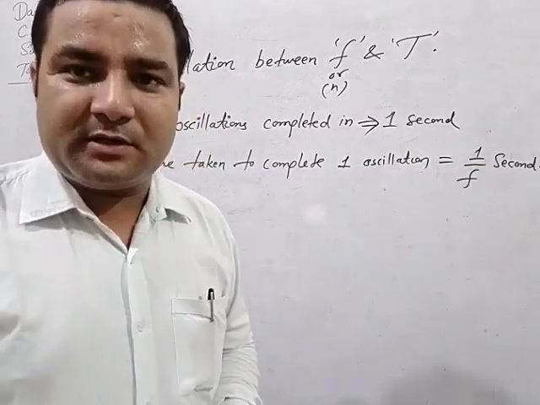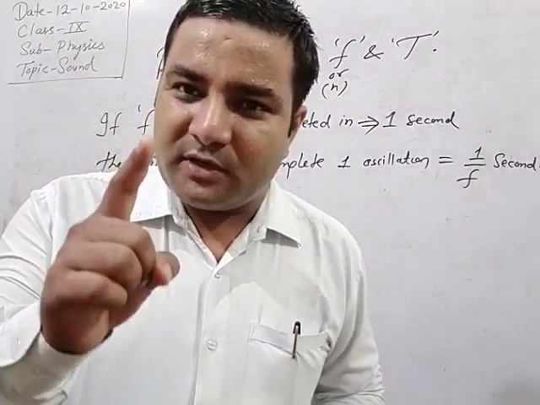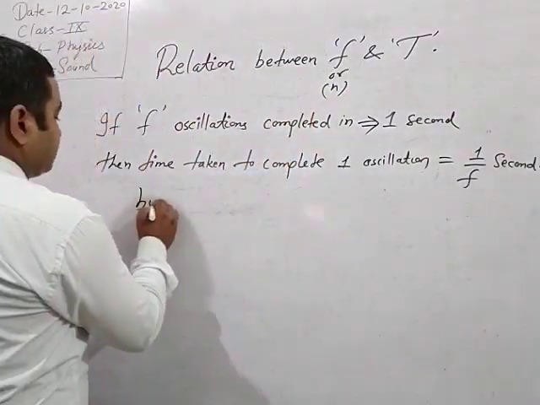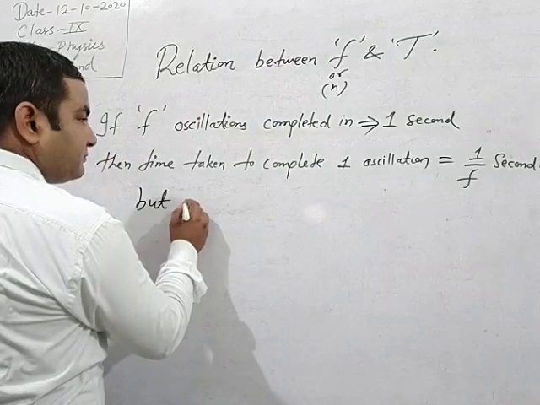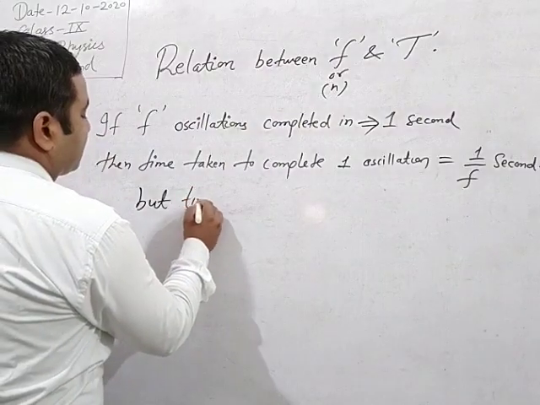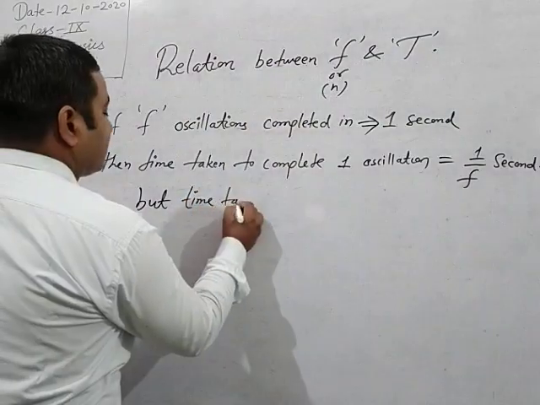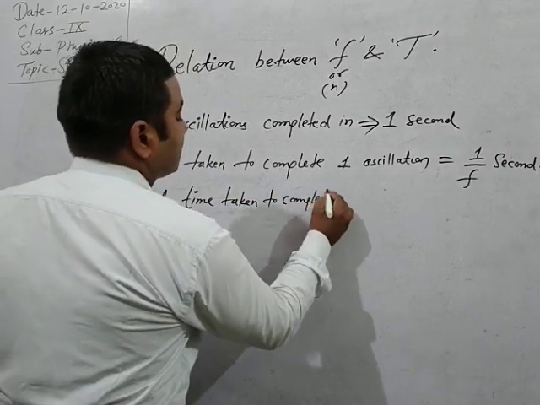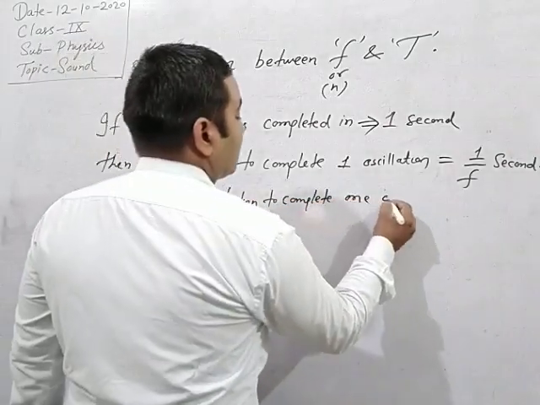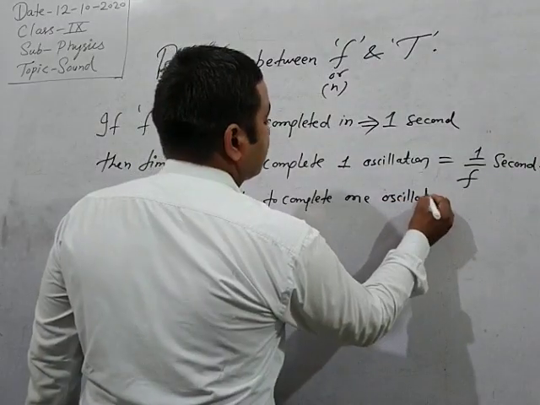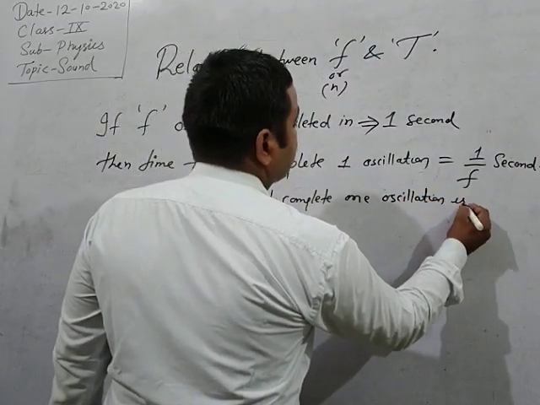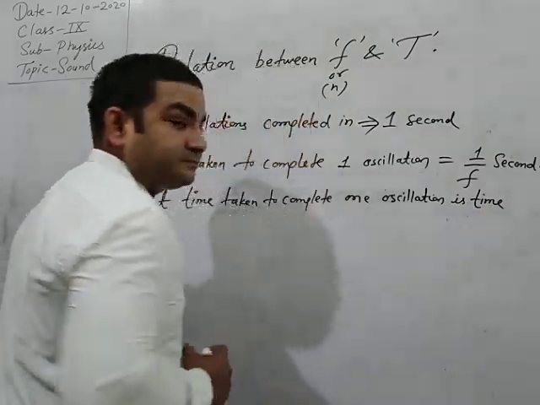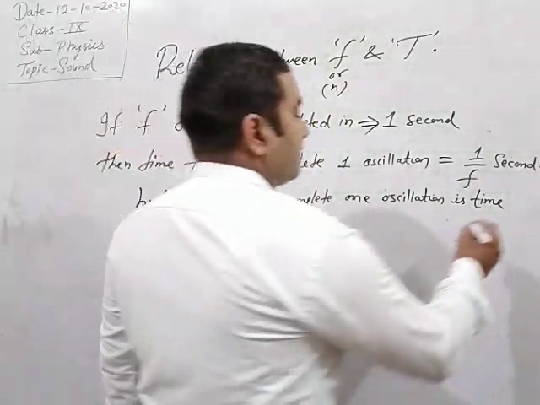And we know what? The time taken to complete one oscillation means what? That is the time period. The time taken to complete one oscillation is defined as the time period.